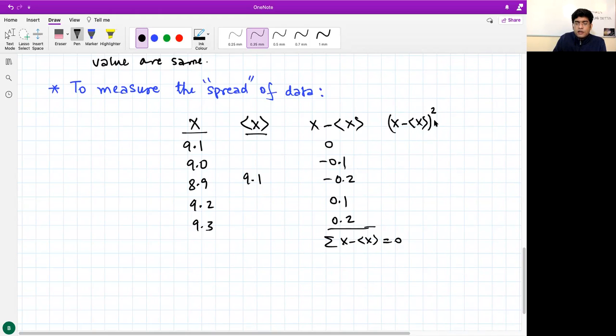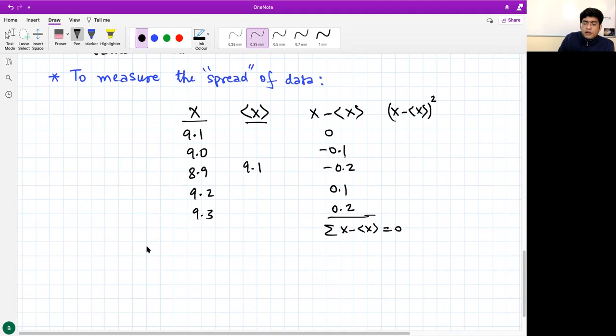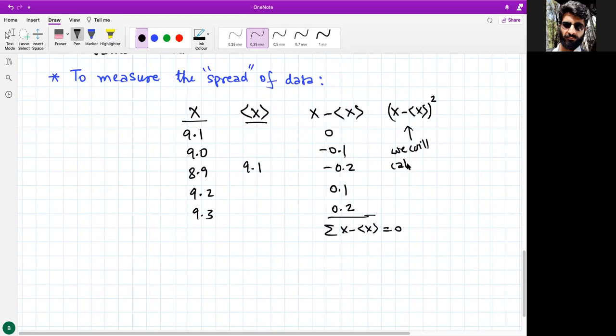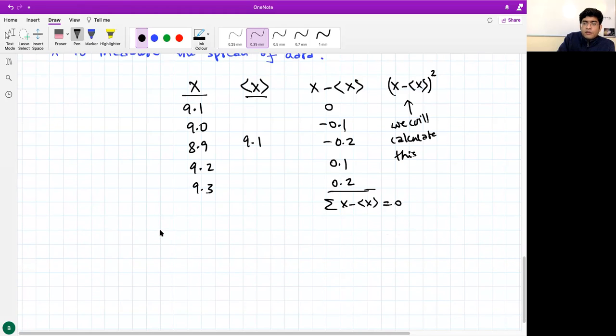This is called the variance, or standard deviation. So this is what we calculate. This will be non-zero if you add them.